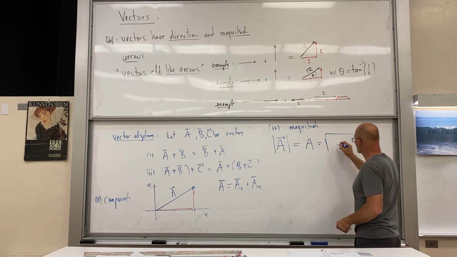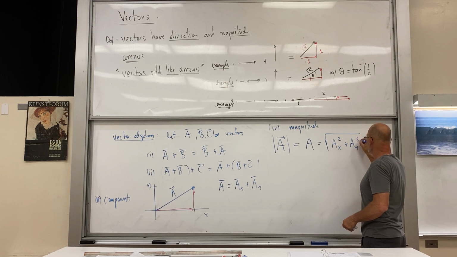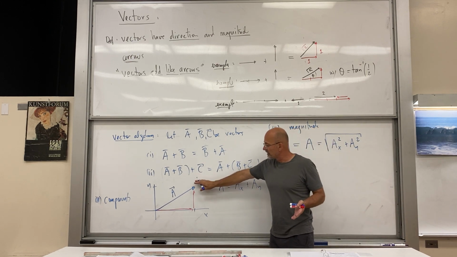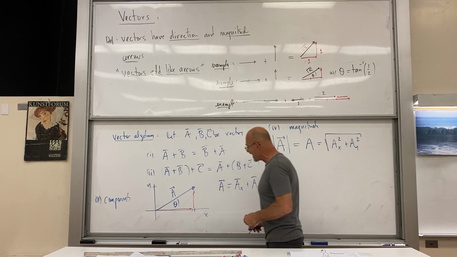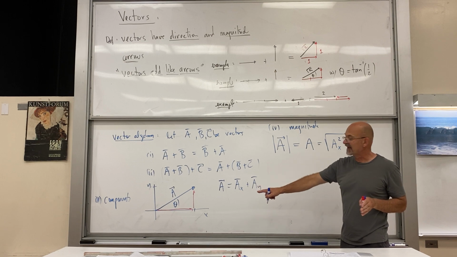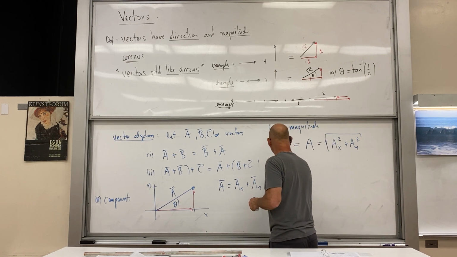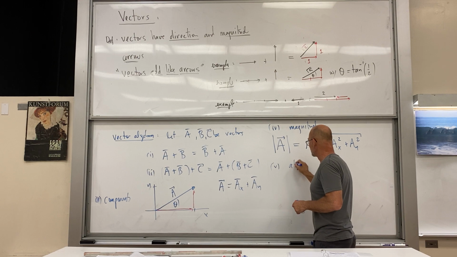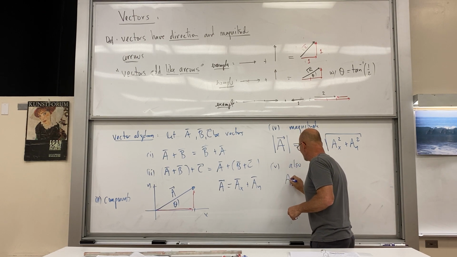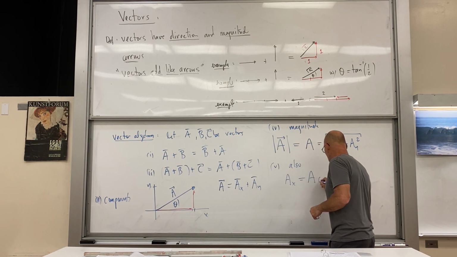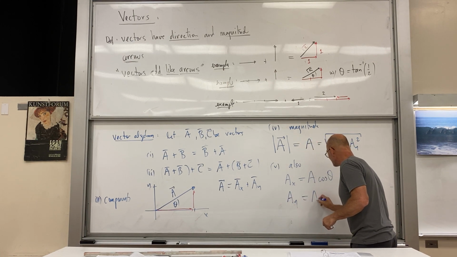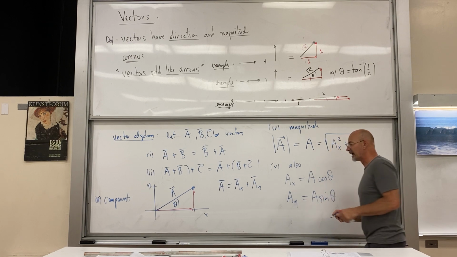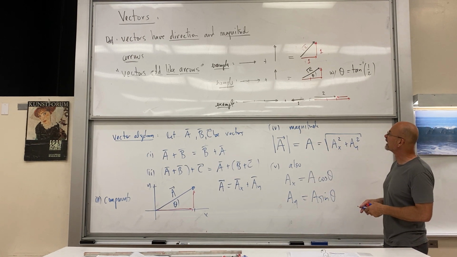And that is the square root of ax squared plus ay squared. Very clear here off of the geometry. And if I put an angle there, say with respect to the positive x-axis, also A sub x is A cosine theta, A sub y is equal to A sine theta. Again, just by the trigonometric definitions.